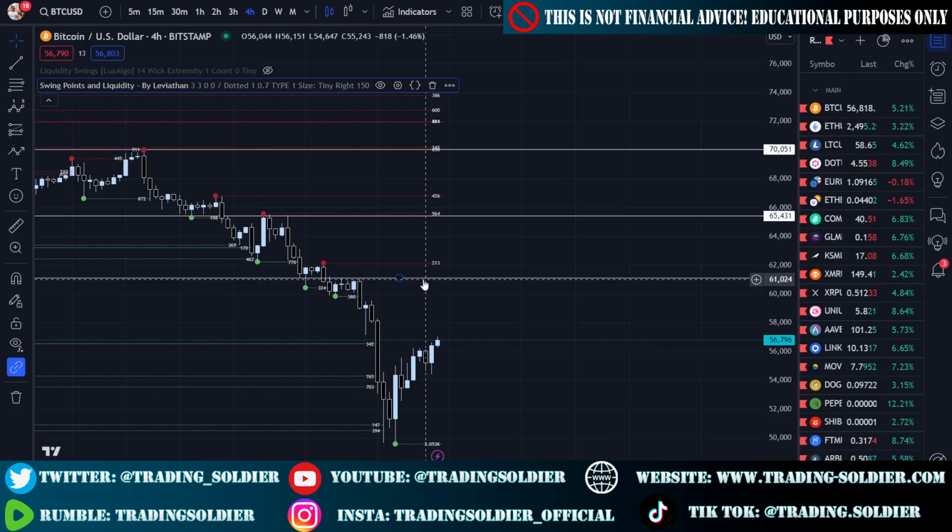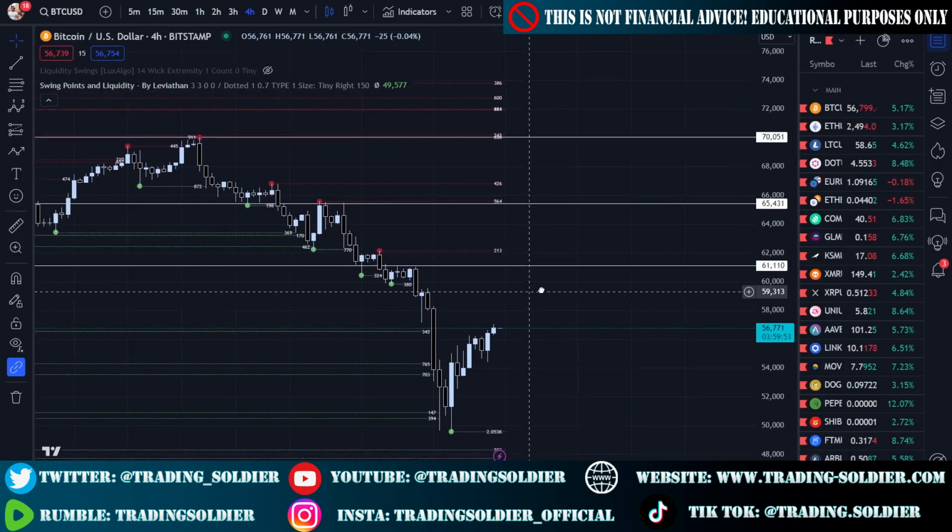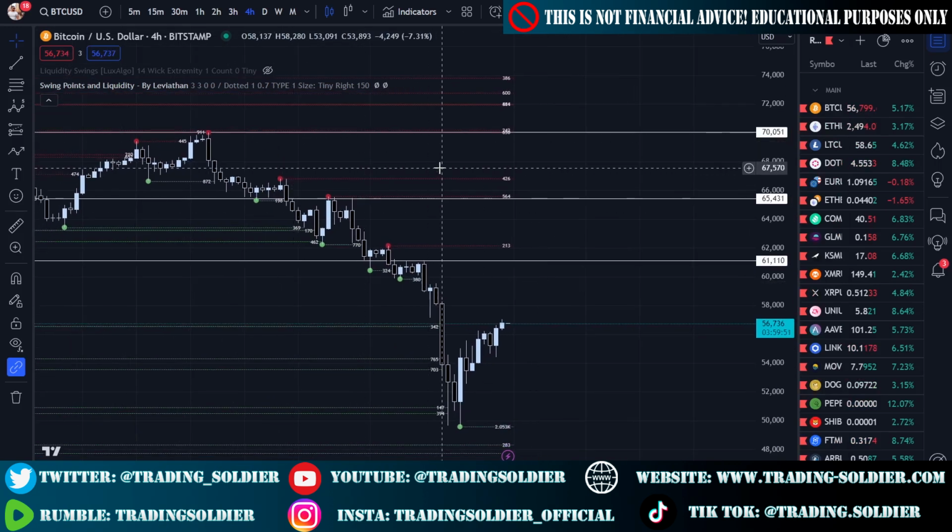Go with your naked eye, learn how to read price action, and in the end it will be better, because indicators many times give false signals and you can get fooled by them.